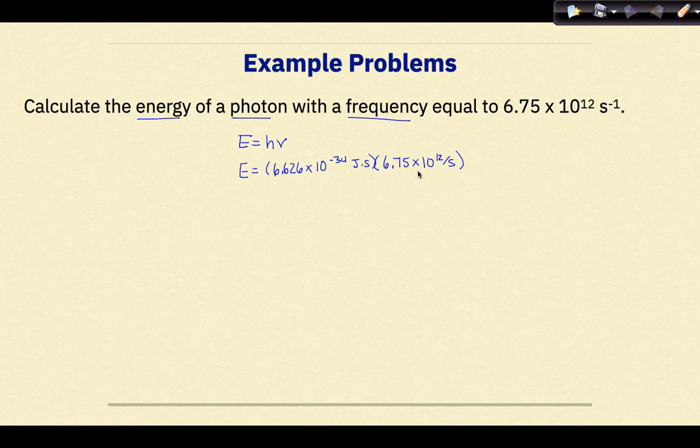When we work this out to three significant figures, we find that energy is equal to 4.47 times 10 to the negative 21 joules, as seconds cancel seconds. Let's do another practice problem.